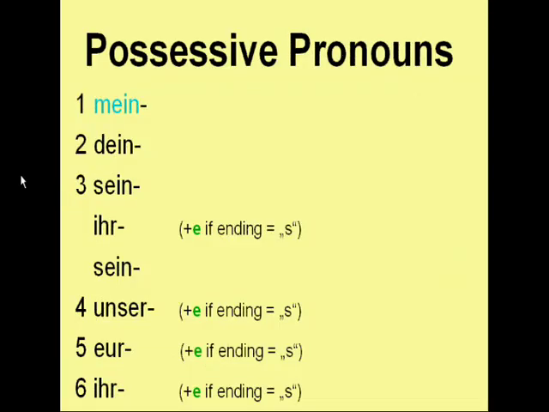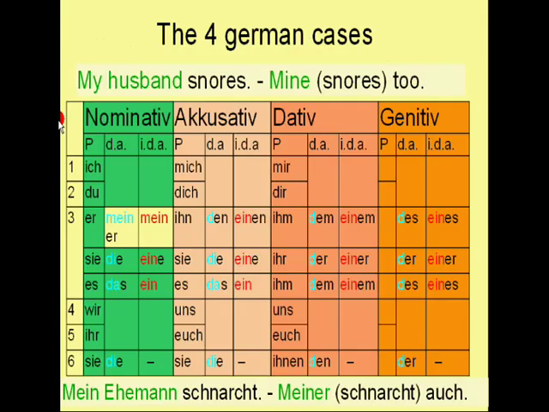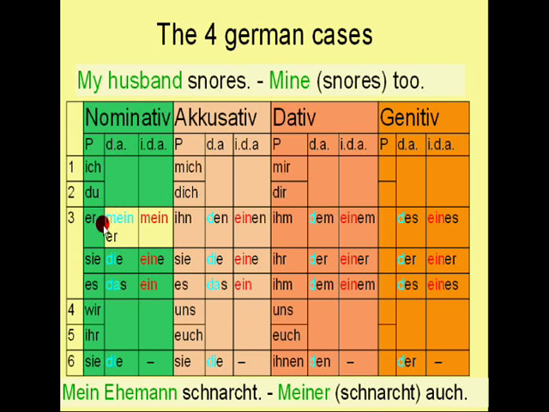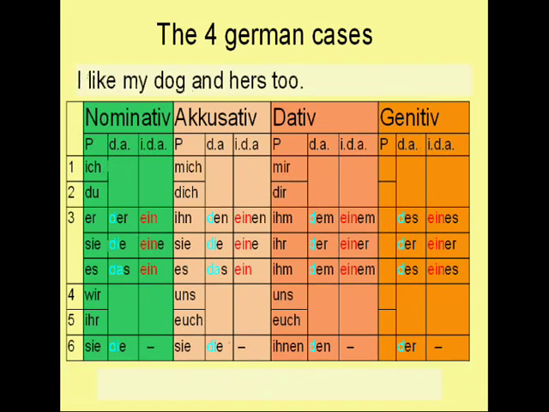So the possessor is still in the first person singular, but this time, because mein replaces a noun instead of accompanying it, we need to replace this word here with the word stem mein. And so we get this sentence. Meiner schnarcht auch.